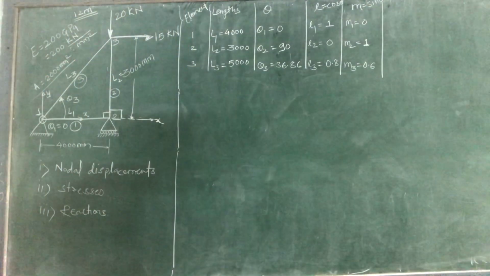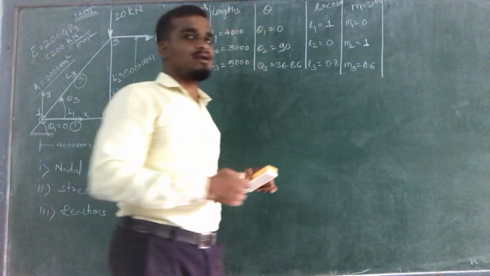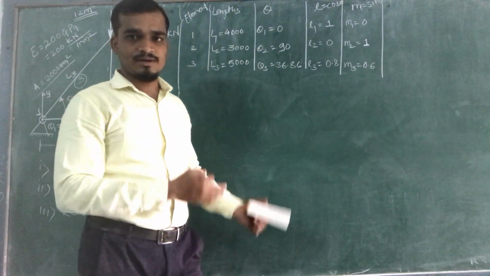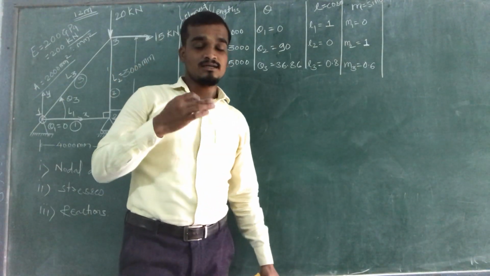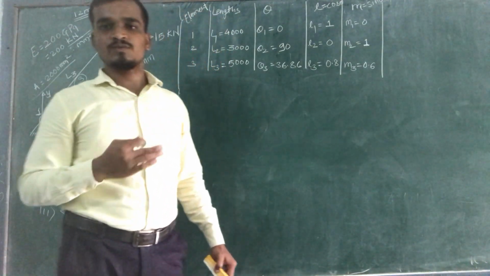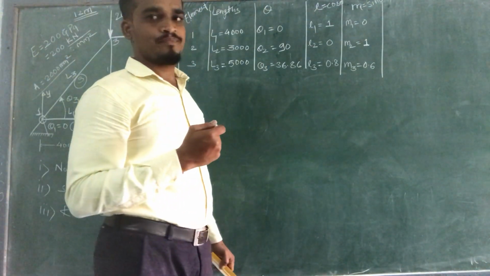Now next is what? We need to find out also l square and m square, because our elemental stiffness matrix consists of l square, lm, m square, all values. So we need to find out this l square, m square and lm.